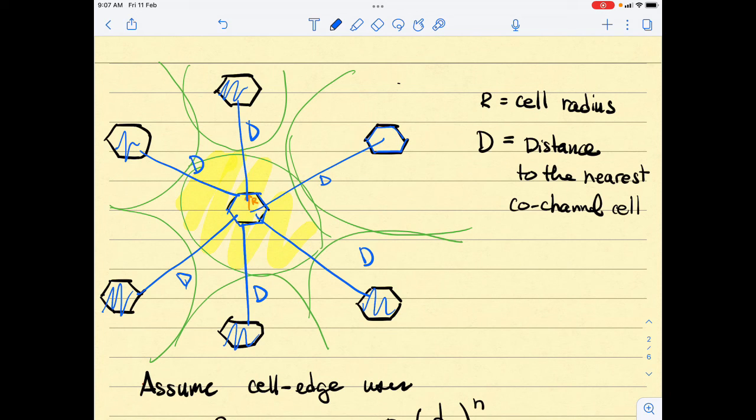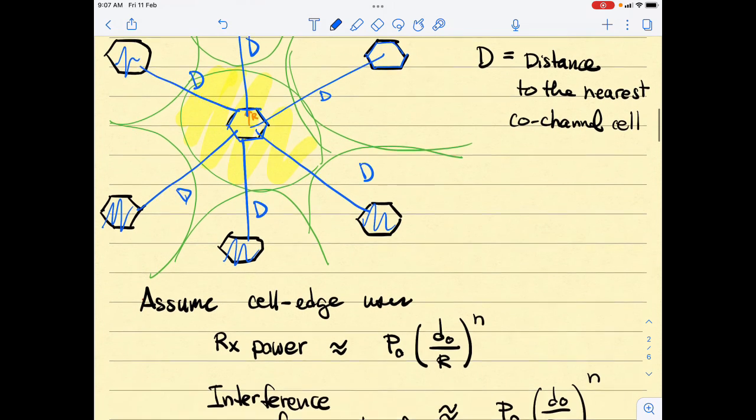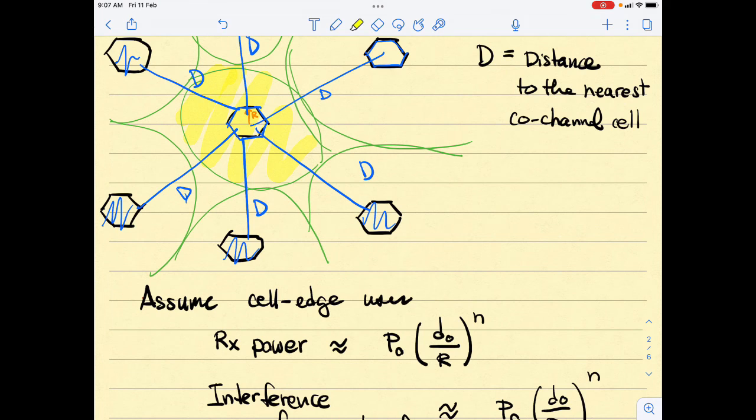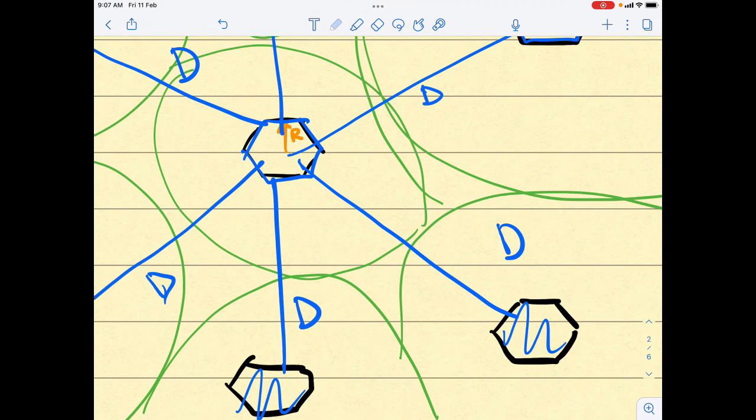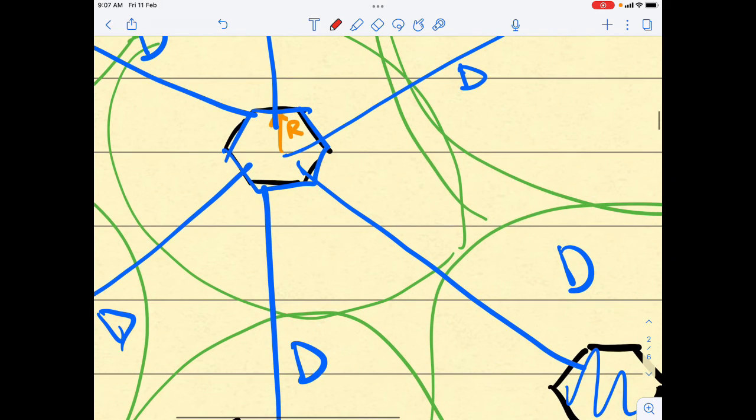Now we'll determine the interference. Let's assume the most vulnerable user, which is the cell-edge user. If we zoom in, we assume that there's a user who sits on the cell edge.